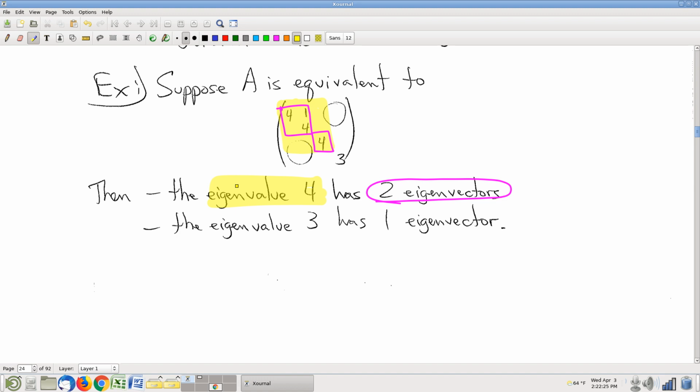Does everybody see what happened there? By the way, I can tell you exactly which vectors are the eigenvectors. You can see it by where the blocks are. That first column has only diagonal entries. Therefore V1, whatever the first basis vector is for this Jordan form, is an eigenvector. And then the third column has only diagonal entries, and therefore also V3. Everybody good? Okay.